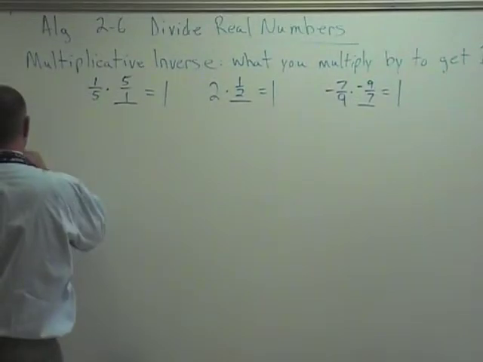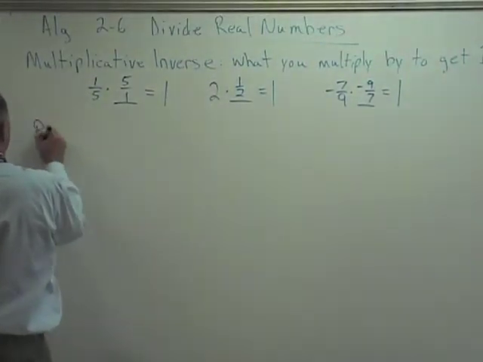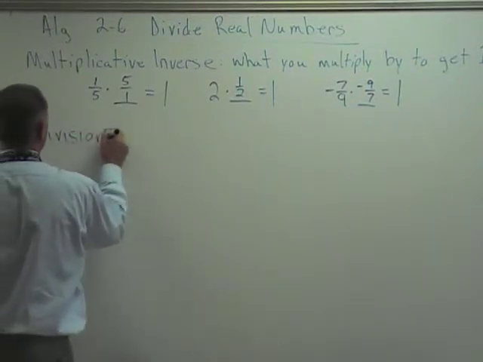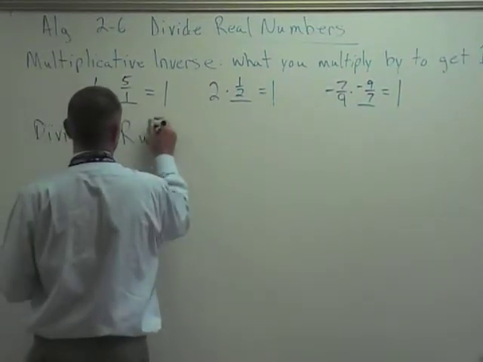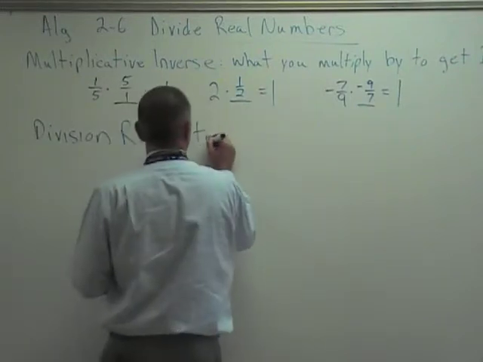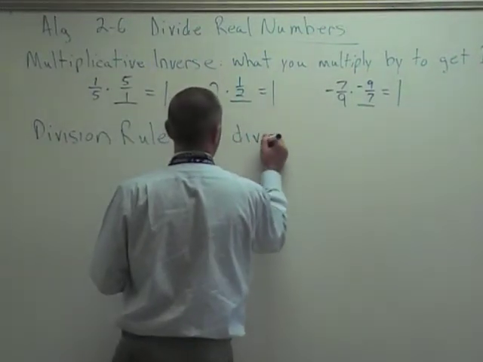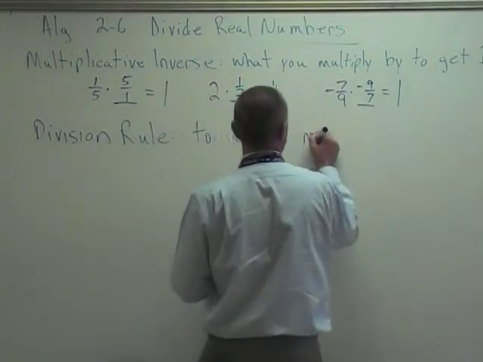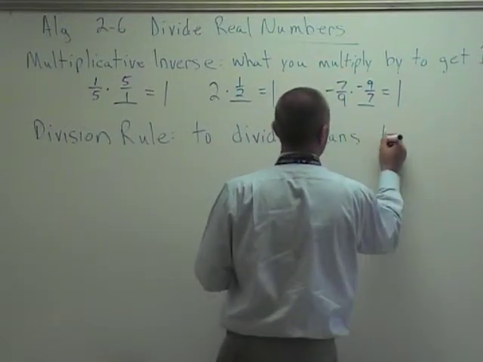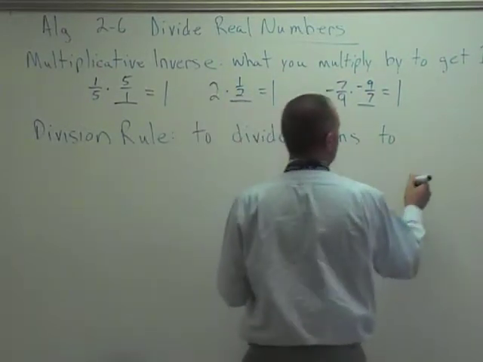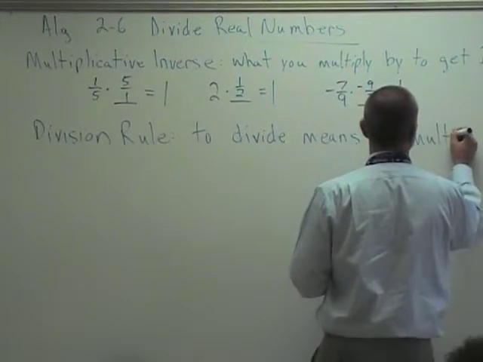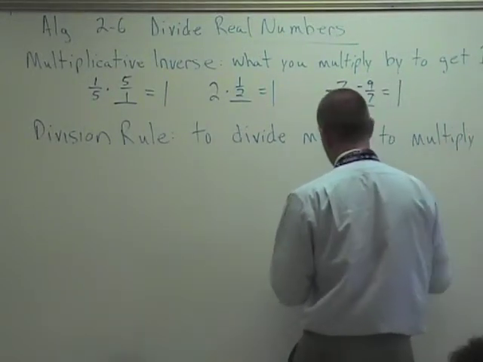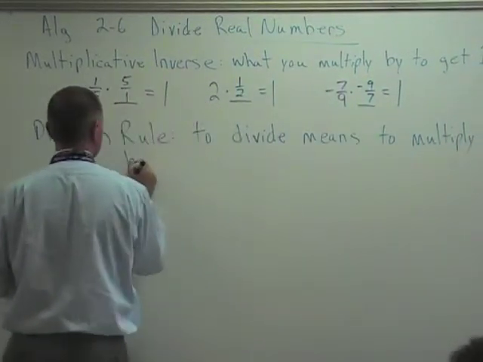All right, some examples to help you. First of all, let's talk about this. Just to make sure we understand each other, the division rule: to divide means multiply by the inverse.